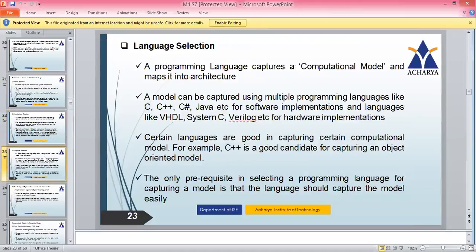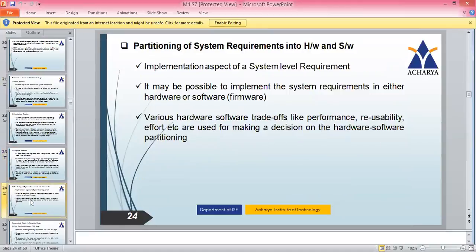We saw that for implementing software, we go for C, C++. For hardware implementation, we may use Verilog like that. And then based on all the parameters, we come to a conclusion about the different components that have to be implemented in hardware and software. All of these things are applicable even for developing embedded systems.